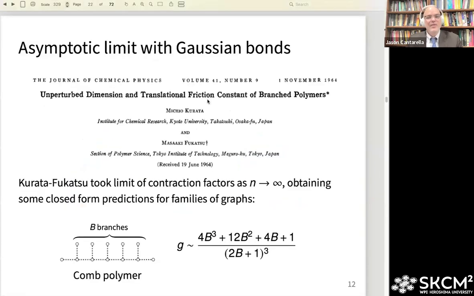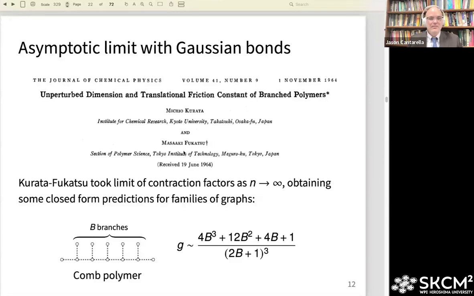So there's a beautiful paper from the 1960s in the Journal of Chemical Physics, Kurata and Fukatsu, where they took limits of contraction factors as the number of subdivisions goes to infinity. And they got some very complicated formulas using some really elegant techniques. And at least for some families of graphs, they were able to carry out their program entirely and give a closed form prediction for the limit of contraction factors.